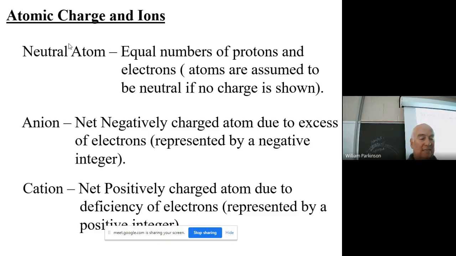And a cation, as it says at the bottom, is a net positively charged atom. It is positively charged not by adding protons, that is too energetically difficult to do. A cation is formed by losing electrons. It loses its negative so that it is net positive.